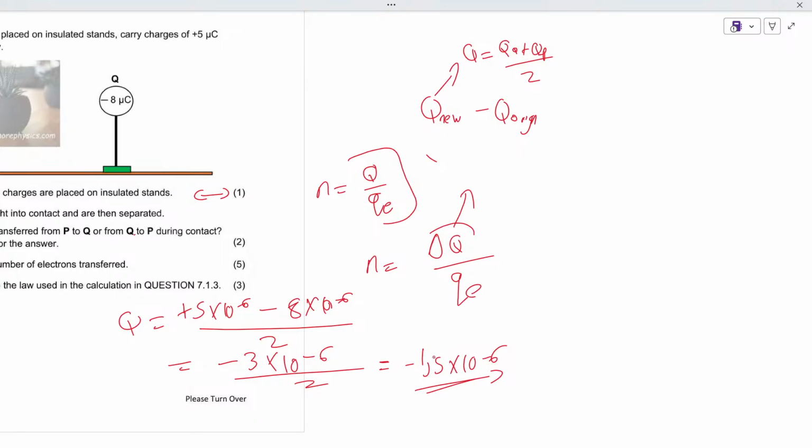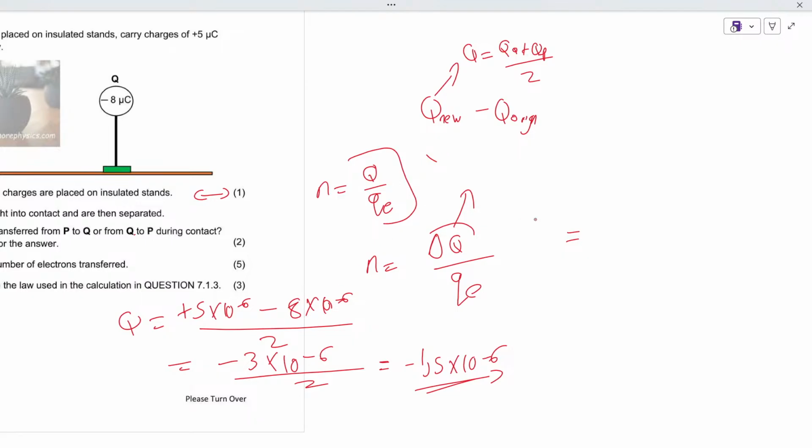But note that it's going to be negative. Our change is the difference from where it was to where it is right now. So let's check any of these. The change is always going to be the same for both spheres. You can choose any of these spheres.